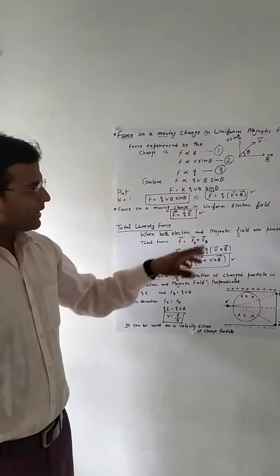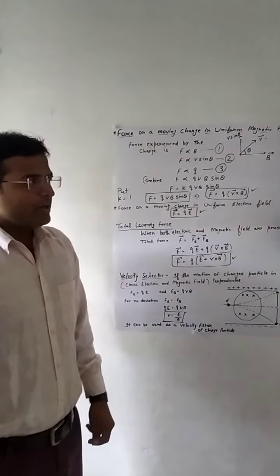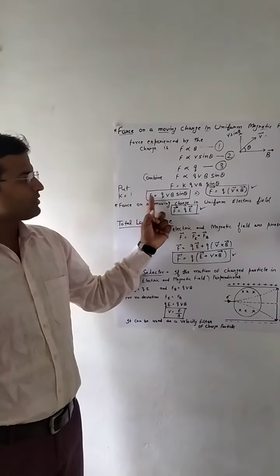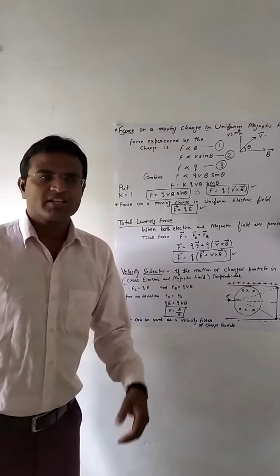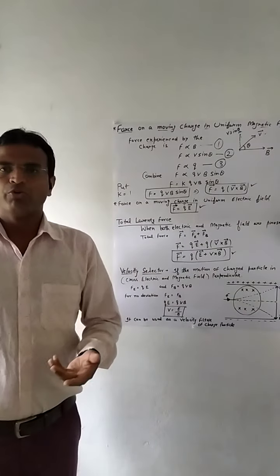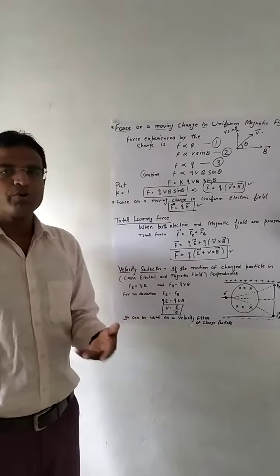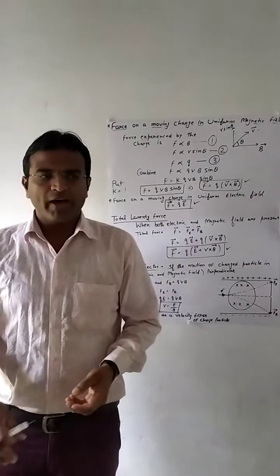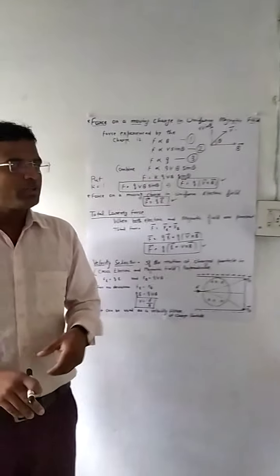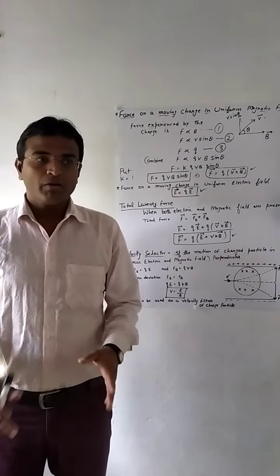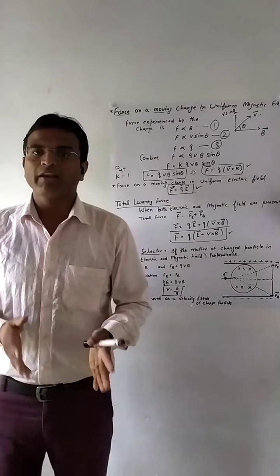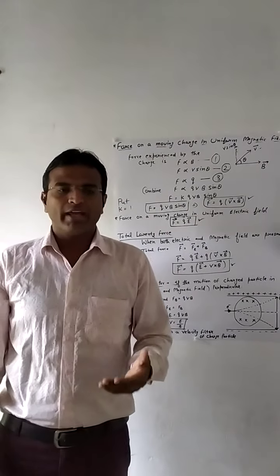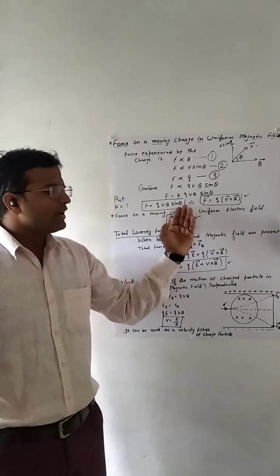What is the value of force when the charged particle is at rest? We know that force depends upon velocity. When the charged particle is at rest, velocity equals 0, so force is equal to 0. When a charged particle moves parallel or anti-parallel to the direction of magnetic field, parallel means angle equals 0 degrees, and anti-parallel means angle equals 180 degrees.